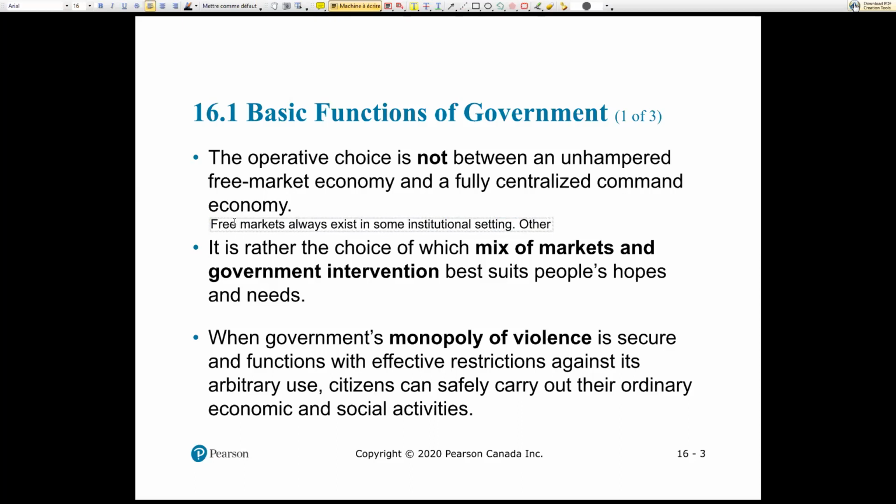Otherwise, it would be the Wild West, maybe, so it's anarchy basically. And was the Wild West a good place to be?